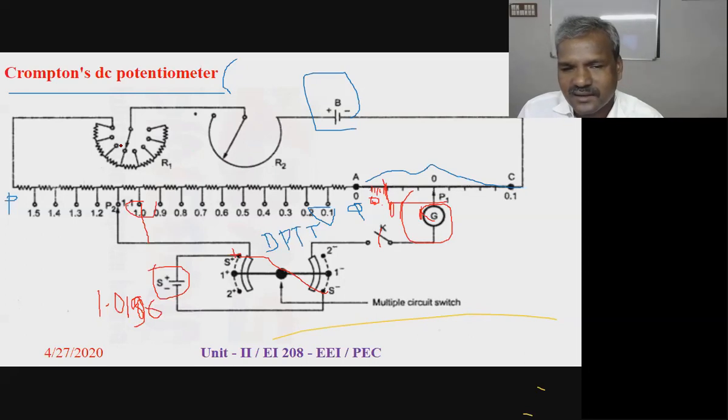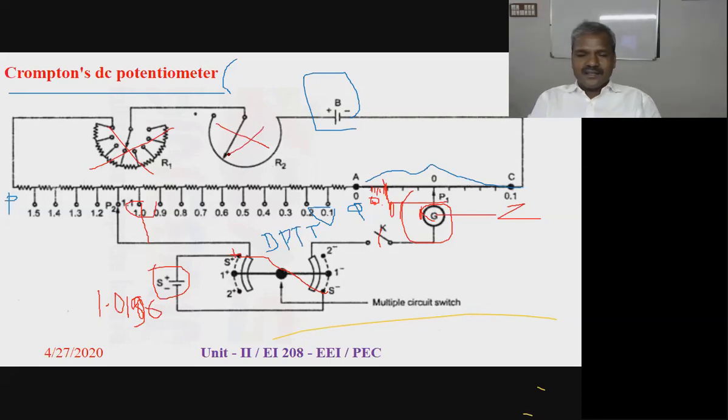So once you adjust these two, once we get zero deflection in the galvanometer, thereafter we should not disturb these two variable resistance. That means what? When we connect the standard cell here between P1 and P2, the EMF across this is uniform.